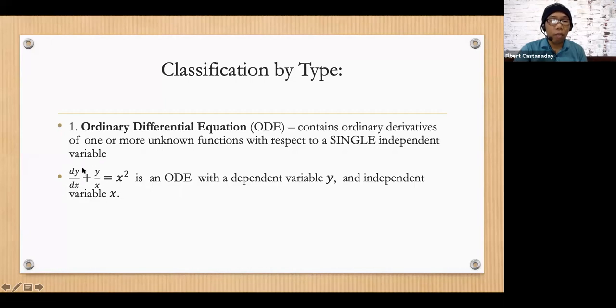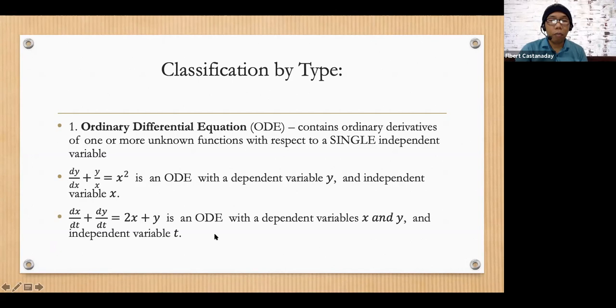So the variable involved in the numerator part is y. That is the dependent variable or the unknown function. And the variable involved in the denominator is x. So we call that the independent variable. Okay, so that's basically how you can become familiar with the dependent and independent variables. Okay, so ordinary derivatives.